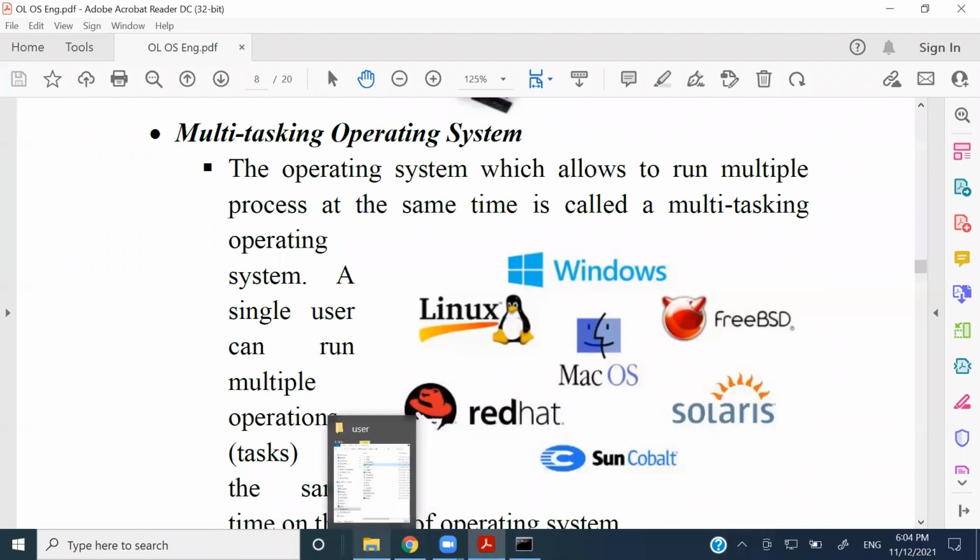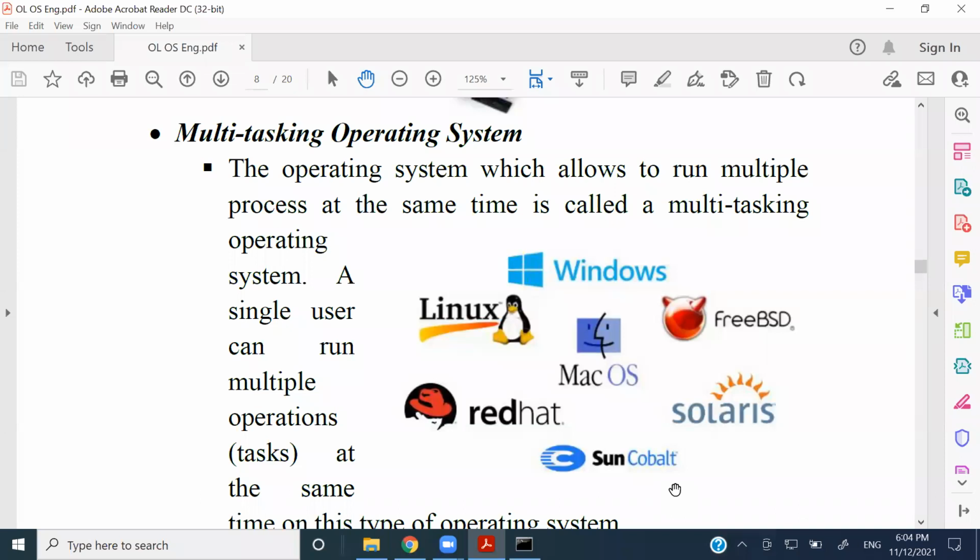So there are 5 different programs, or 5 different tasks, running on the operating system at the same time. This kind of operating system is called a multitasking operating system, right?